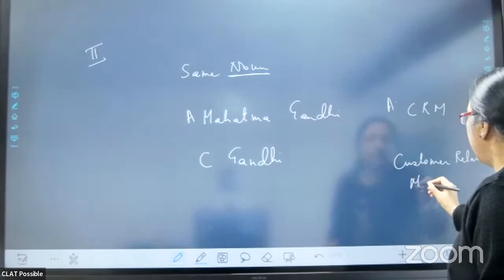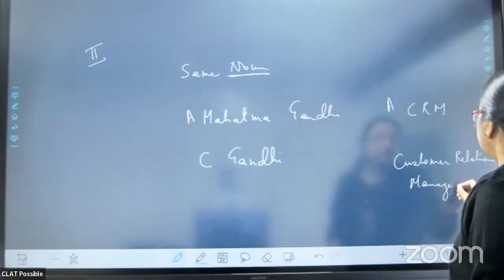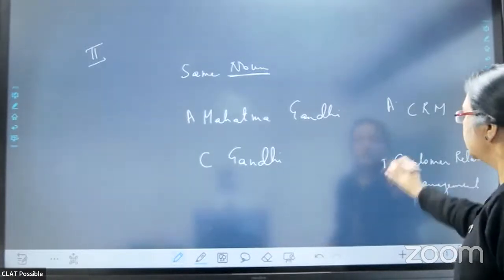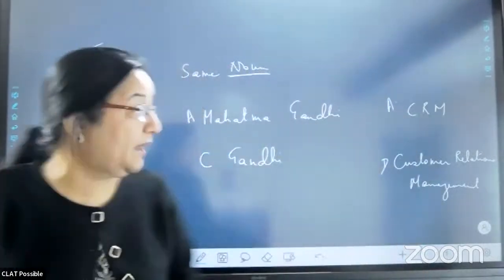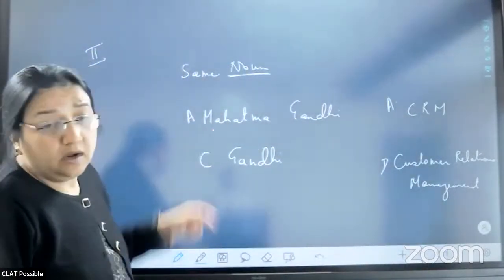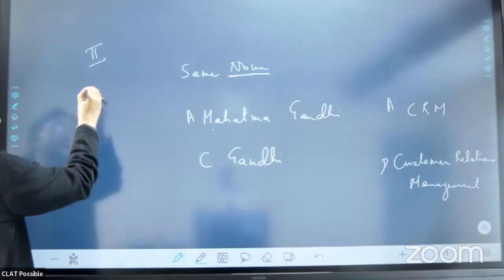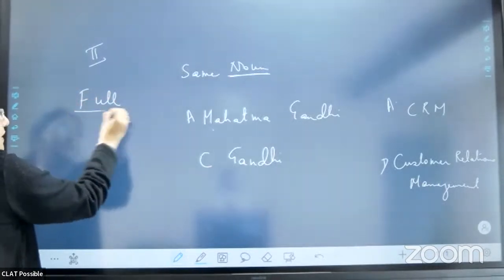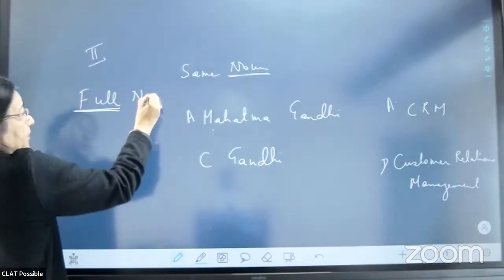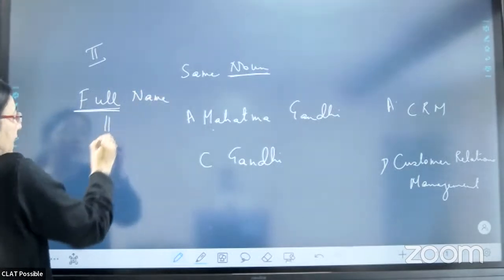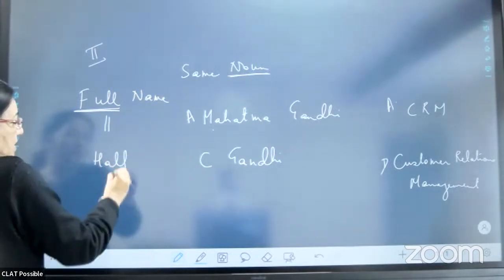relations management lying in D. Let's take both these examples. For sure, if you have the same noun repeated, first it will be a full name, followed by a half name.